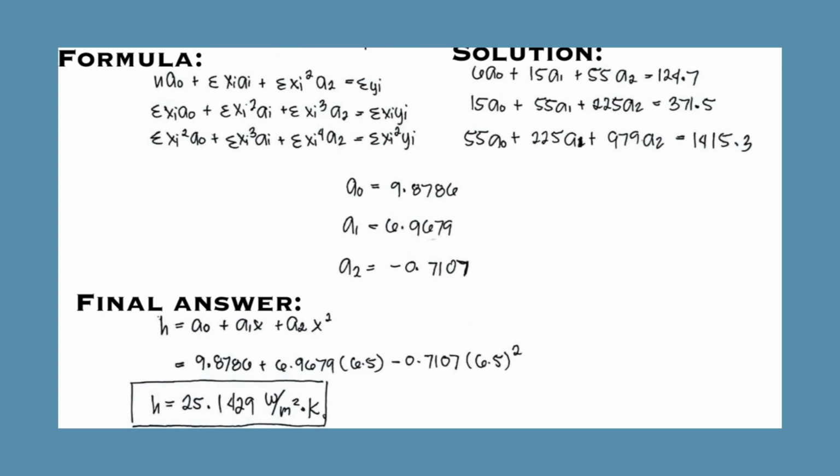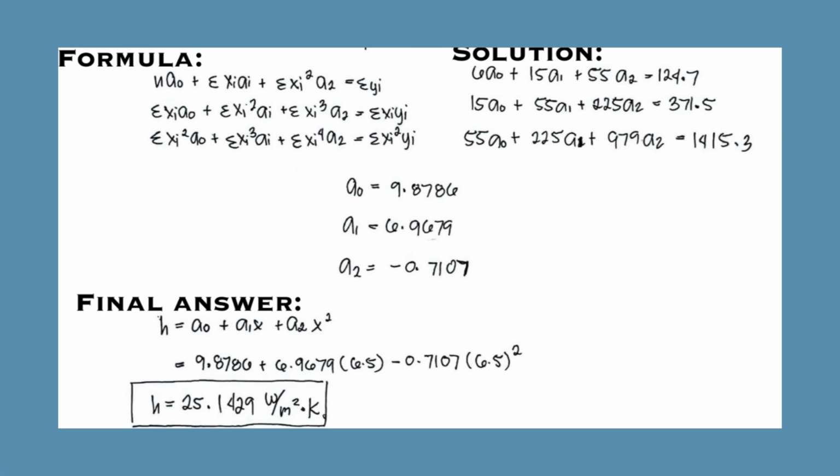We can use this formula: n a sub 0 plus summation x sub i a sub 1 plus summation x sub i squared a sub 2 is equal to summation y sub i.